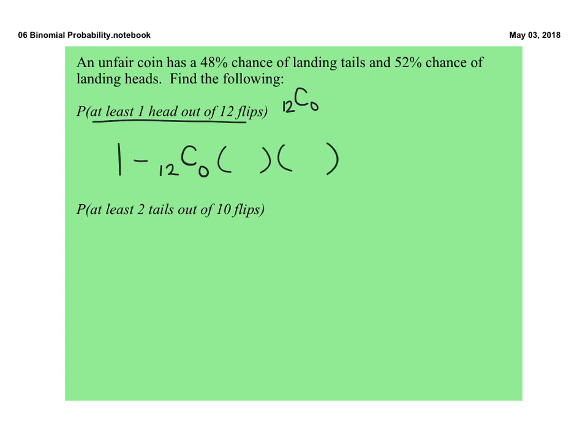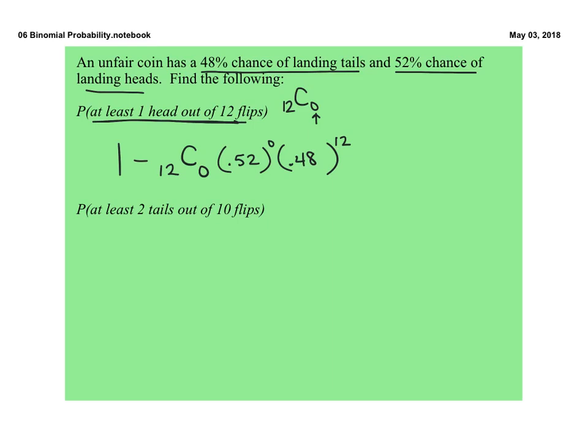I have to be careful about this because we're saying 1 head, so heads is successful. So we have to write down this was the chance of it landing on tails, and this is the chance of it landing on heads. The 0.52 is going to go here, and we want that to happen 0 times. And the 0.48 goes here, and we want that to happen a total of 12 times because we want all those flips.